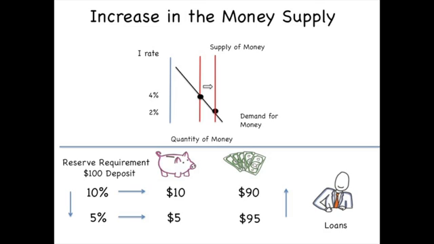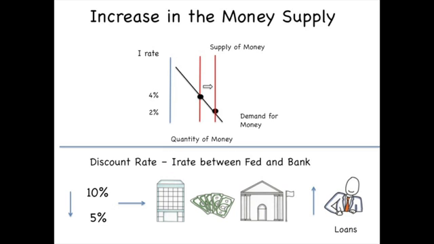Now remember, to increase the money supply, we need to get more money in the economy. So if they decrease the reserve requirement to 5%, the bank is only required to keep $5 in reserve and thereby loan out $95.